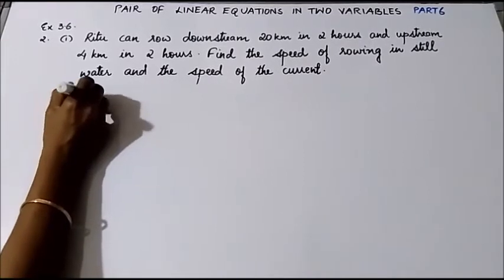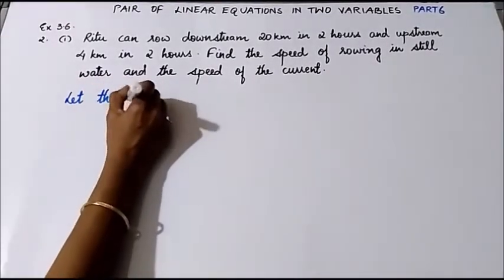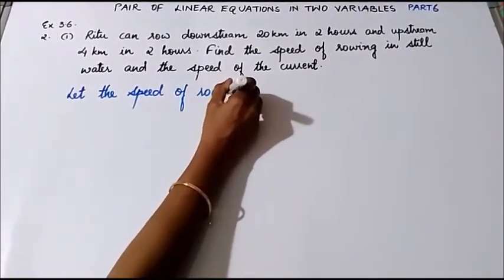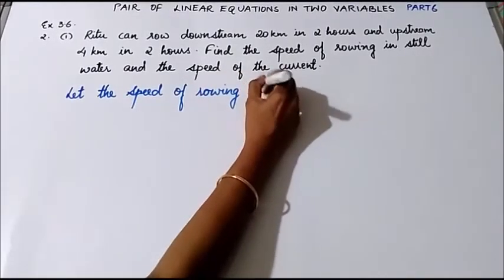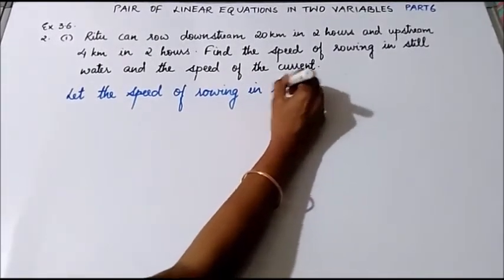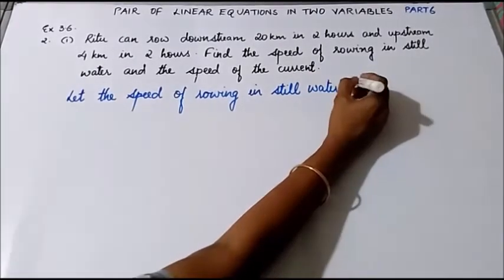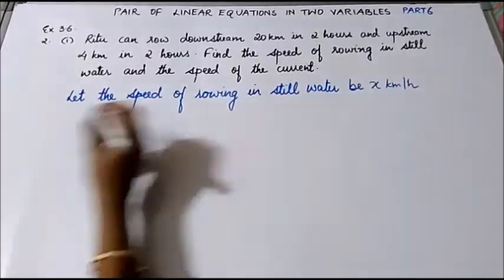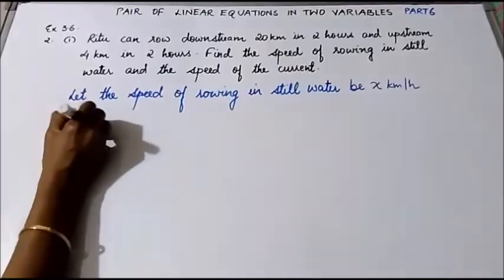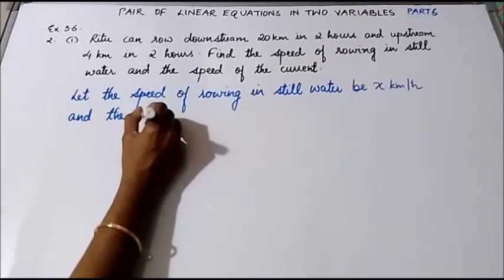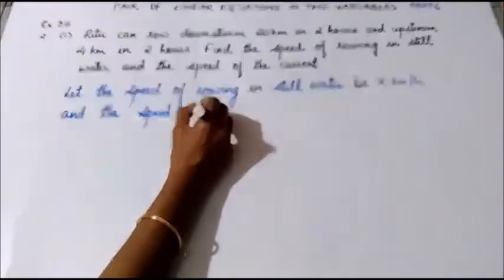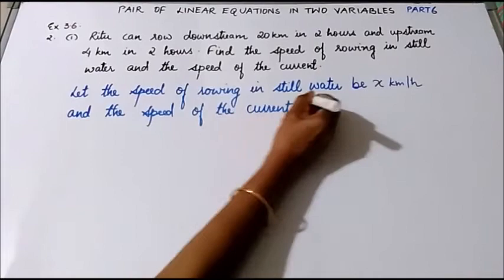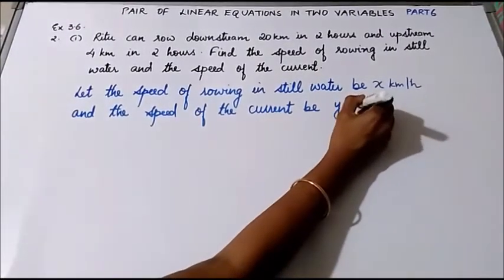So first let us write, let the speed of rowing in still water be x kilometer per hour, and the speed of the current be y kilometer per hour.